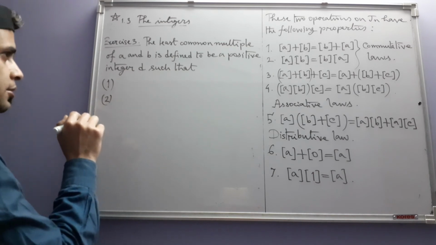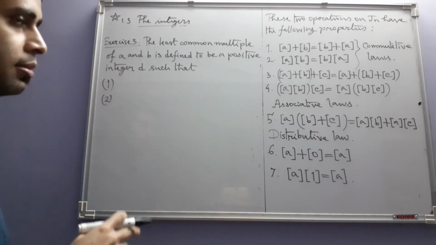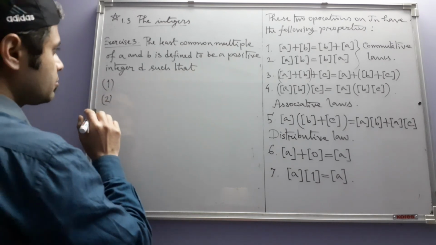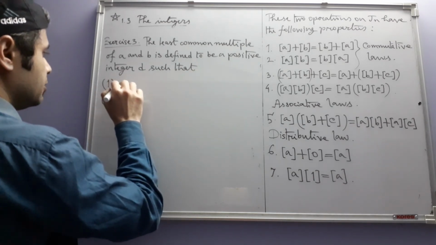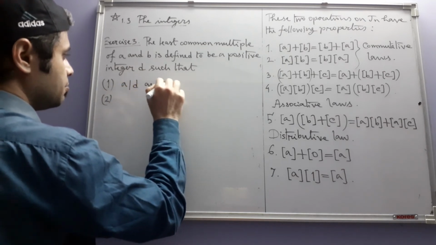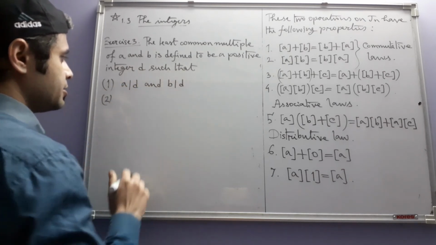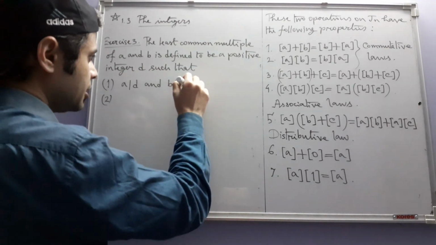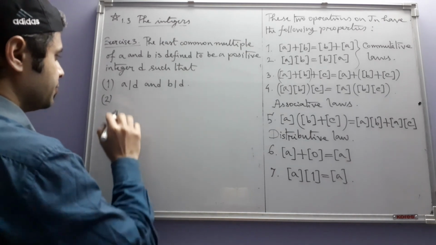So this definition is somewhat like the one for greatest common divisor. First, common multiple, right? So a divides d and b divides d. That is, a and b should both divide d. d must be a common multiple of a and b.